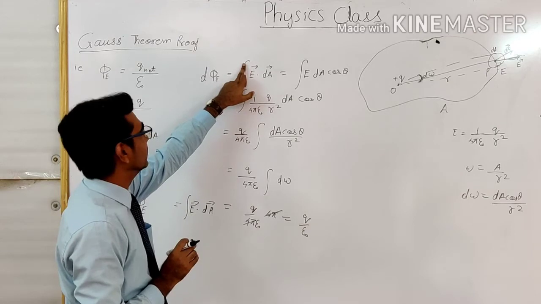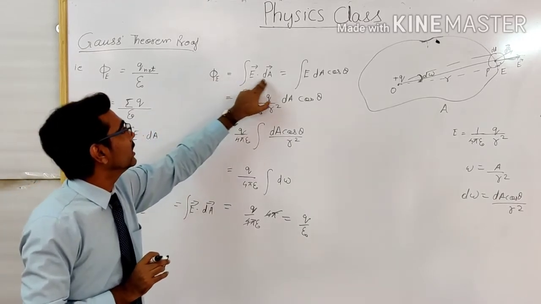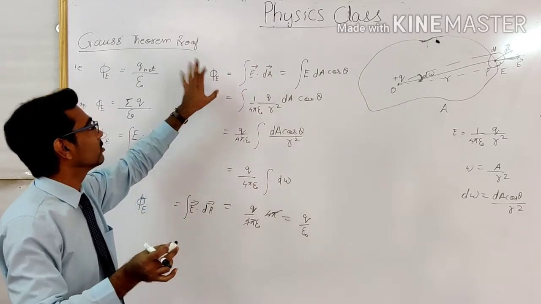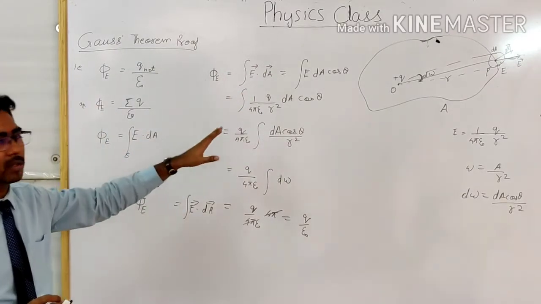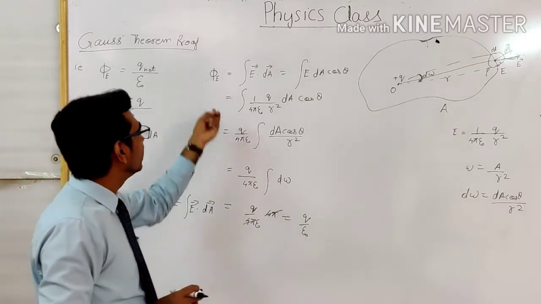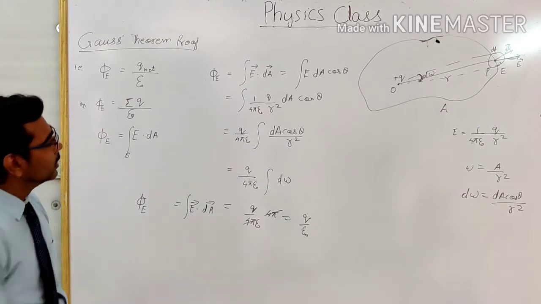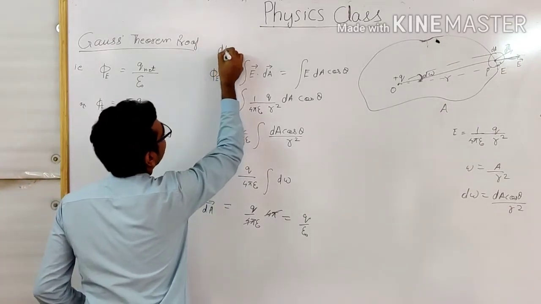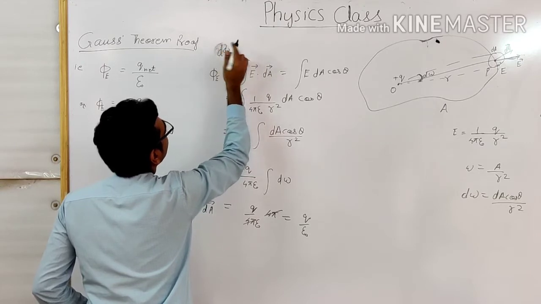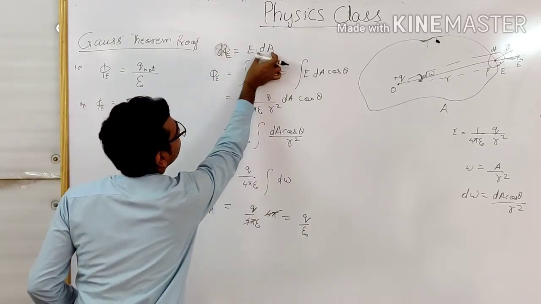Once you apply the integration sign, this is no longer d phi E. When you are just reading E dot dA, then this is d phi E. Once you put the integration sign, meaning you are talking about the entire surface, this is no longer d phi E. This is true in general: if you are talking about a differential quantity, that will be d, and if you are talking about the whole quantity, it becomes the total. So d phi E is equal to E dot dA, since E dot dA is only for a small area.